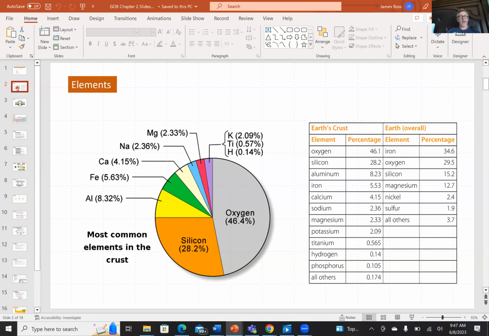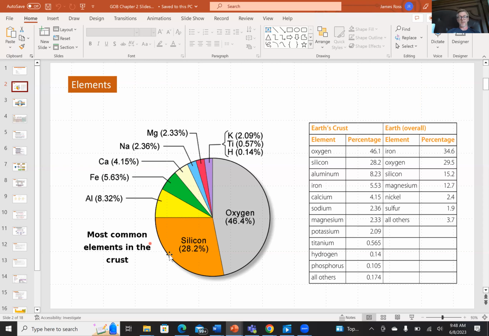So elements, there are 118 elements in the periodic table. I thought this was useful or interesting information. So on the left, we have the most common elements in the crust of the Earth. As you can see, almost 50% of the Earth's crust is oxygen.